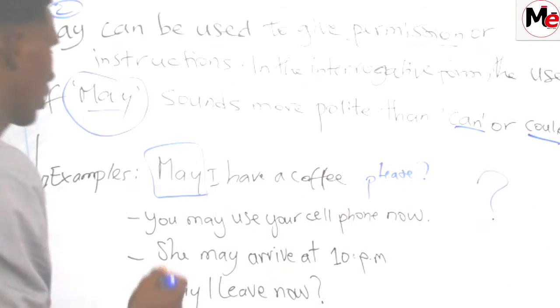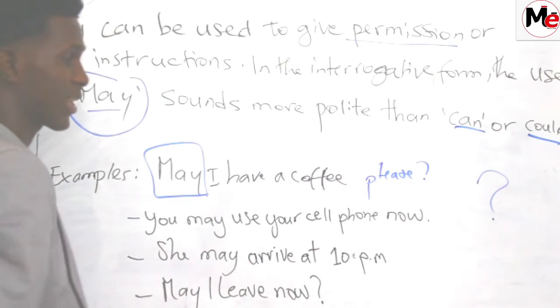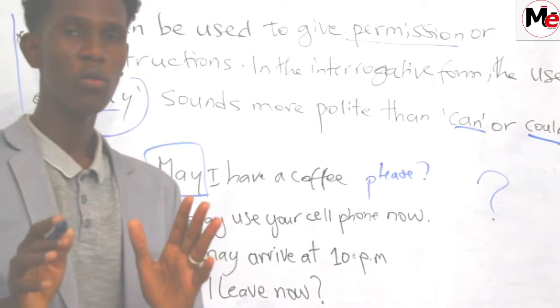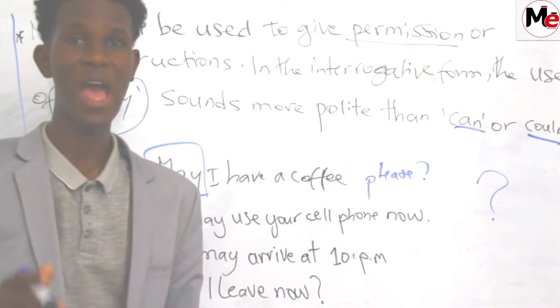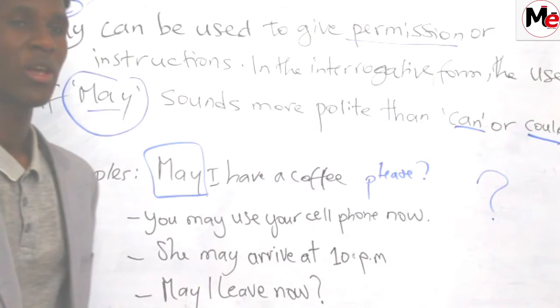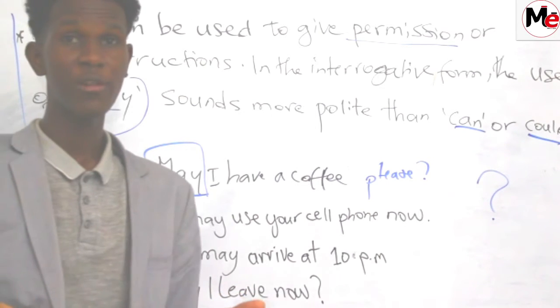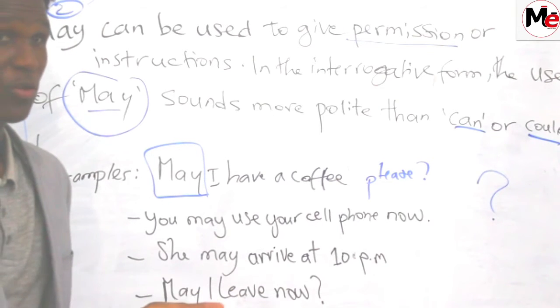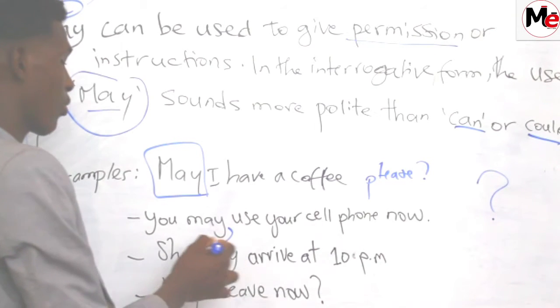Another example, you may use your cell phone now. So you are in a meeting and all phones were turned off, and now someone says you may use your cell phone now. This is an instruction he's giving you, but the instruction is polite.